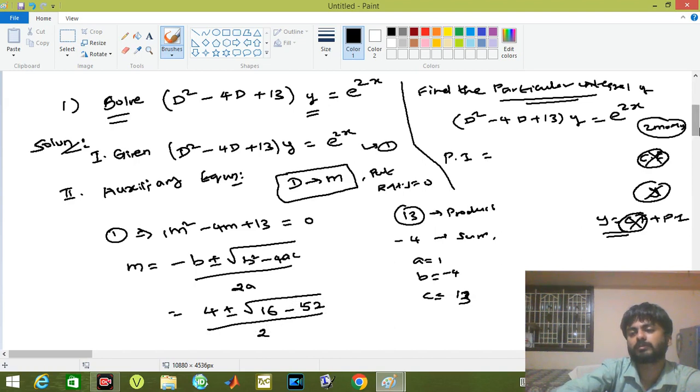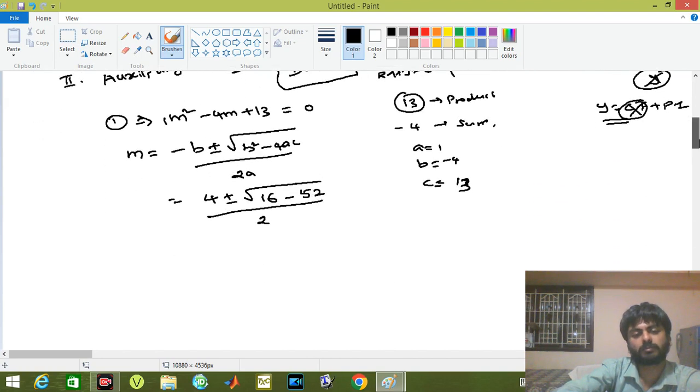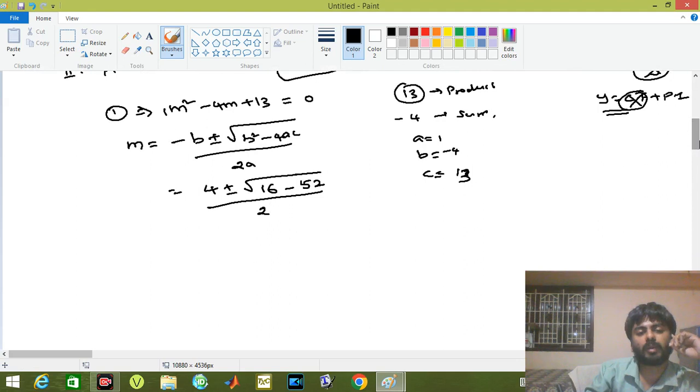Then you will have 4 plus or minus root of minus 36 divided by 2.